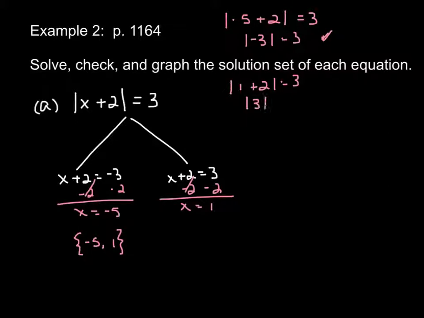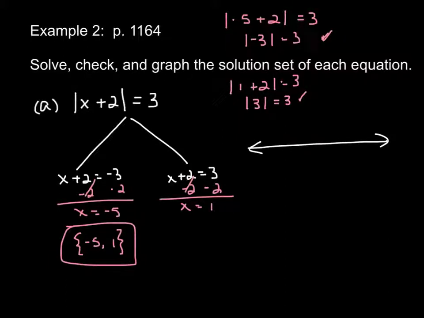So the absolute value of 3 equals 3, which is true. Okay, so that's my solution set. And then to graph the two solutions, since it's an equation, it's just going to be a point on negative 5 and a point on 1. And that's all you have to do to graph equations.